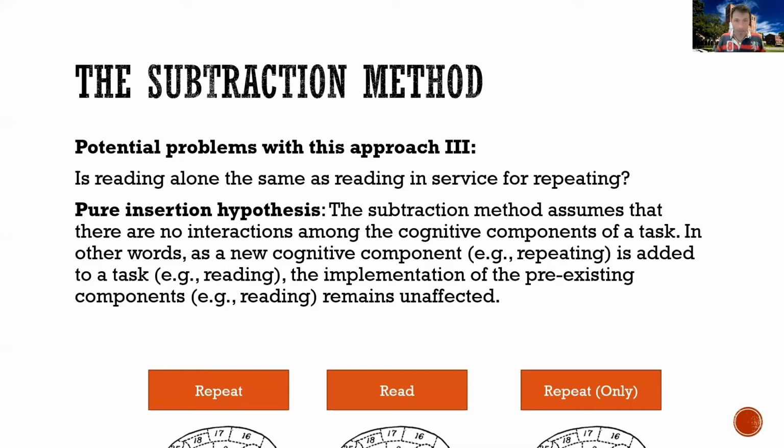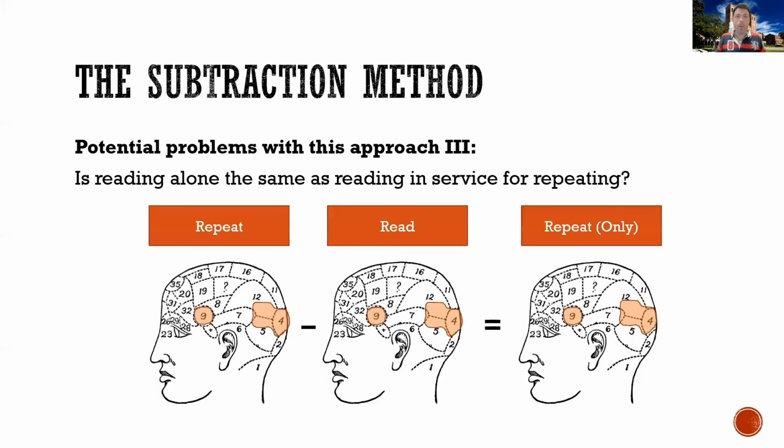And it's key, because when we're doing this subtraction, we are assuming that whatever is in the reading here is exactly the same as whatever is in the reading here. And pure insertion is necessary for the subtraction method to work.